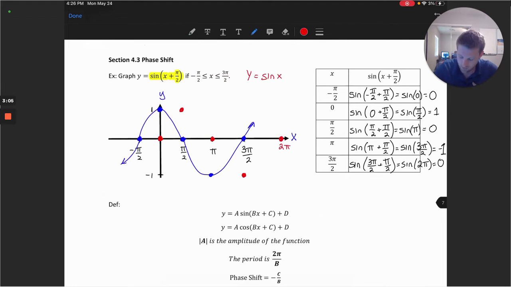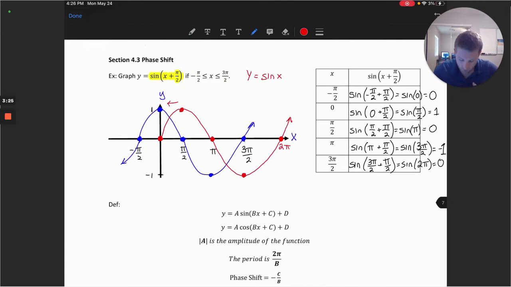So if we graph this sine of x, we'll notice the shifting that happened here. Whenever we add some component inside our sine function, we are really shifting to the left.